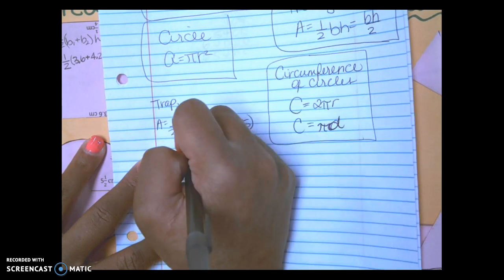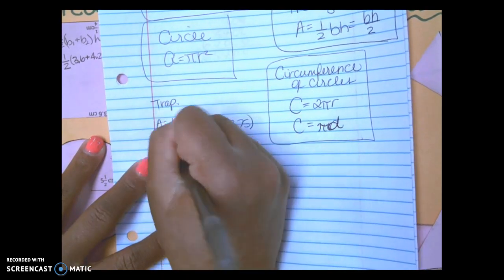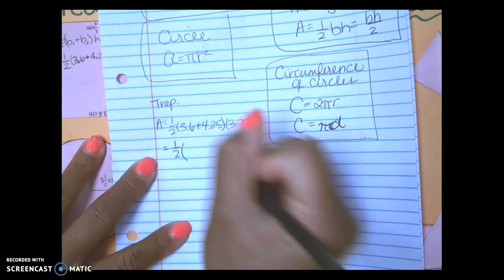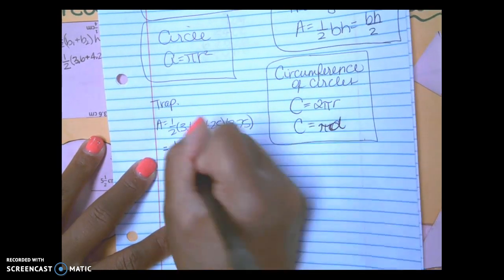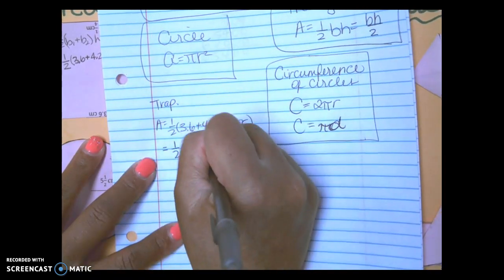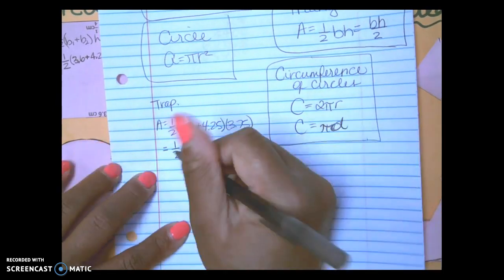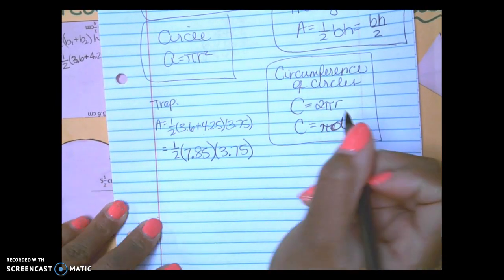If I have $3.60 and I add it to $4.25, how much money do I have? $7.85, times 3.75, and then I'm going to cut all that in half.